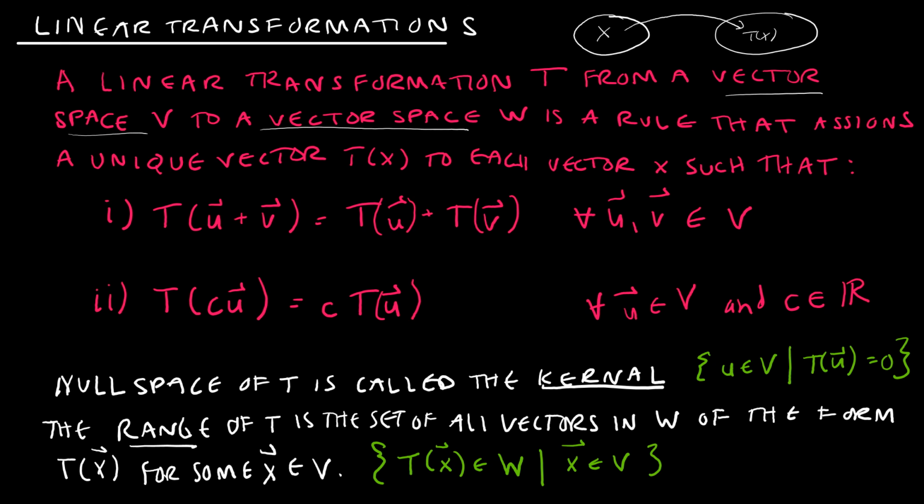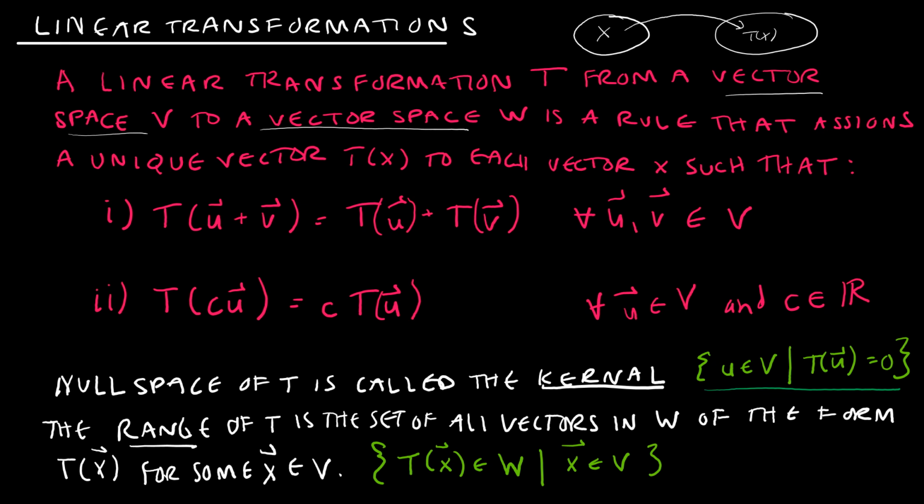A couple of new terms for you. The null space of T is called the kernel. And again, we're not going to focus on that in this lesson, but you will see kernel again throughout your mathematical education, so I'm going to let you know now. The null space of T is called the kernel, and here is the mathy definition.